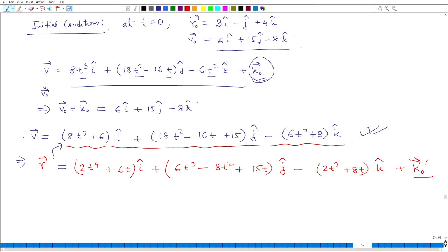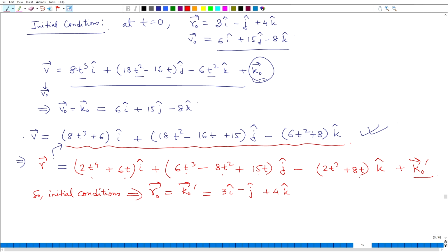Now, again at t equal to 0, all these terms vanish, and that is why finally you have, from the initial conditions, r 0 exactly equal to k 0 prime, which is equal to 3 i cap minus j cap plus 4 k cap. Okay.